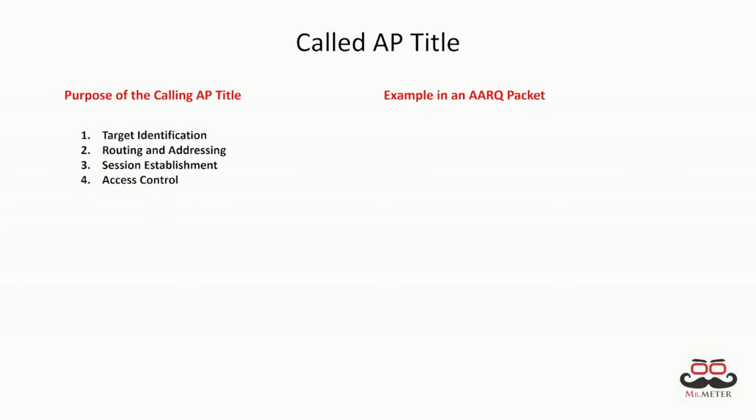This is actually the same as the calling AP title, but the difference is, for example, in the human readable name it can be server app 1 instead of client app 1, and the whole thing is the same.